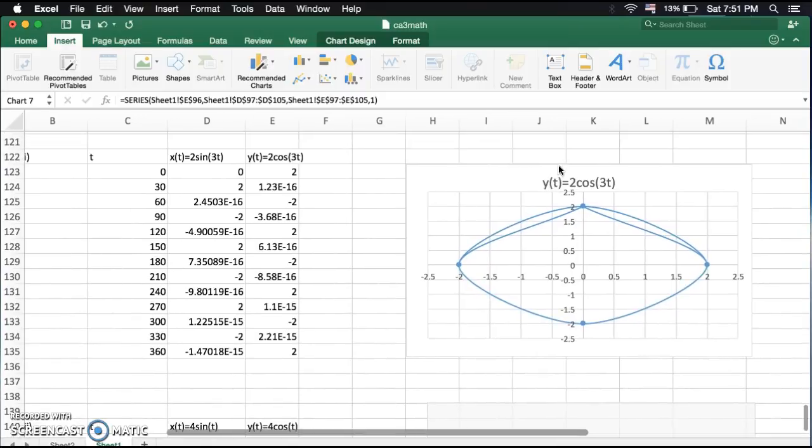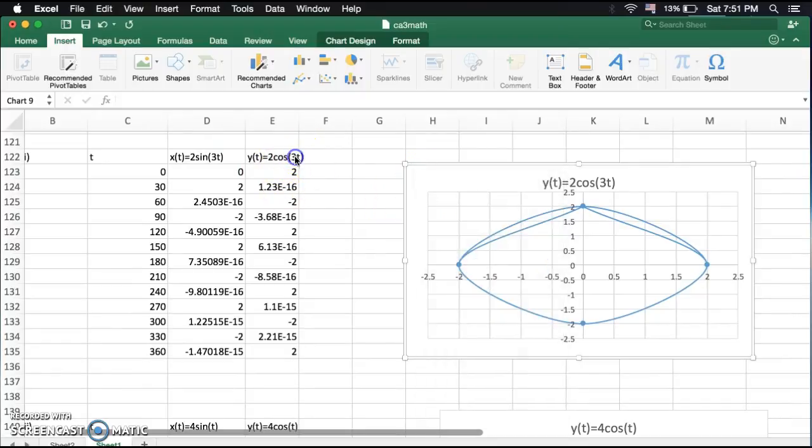And the next one, we have 2 sin 3t and 2 cos 3t, where the 3t is the speed of the motion. When t reaches 120 seconds, a circle is formed already.